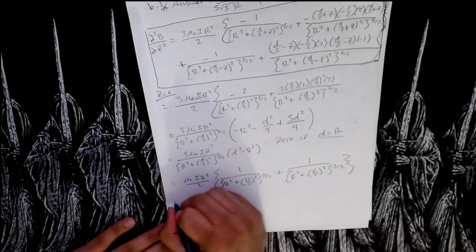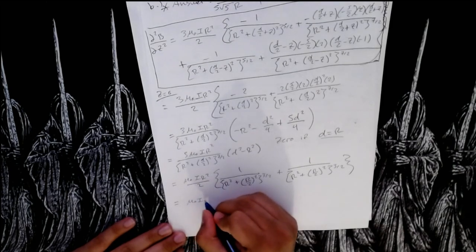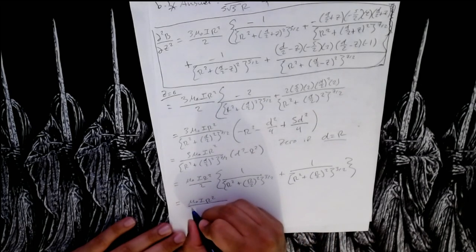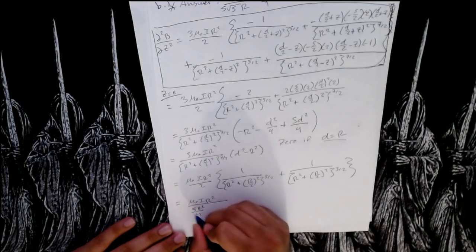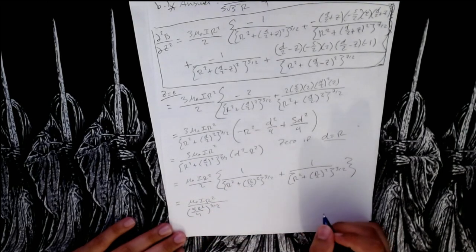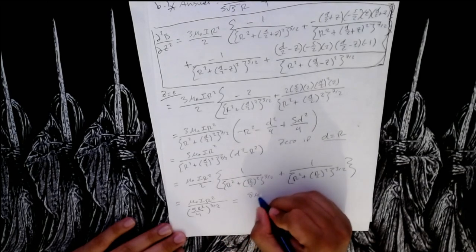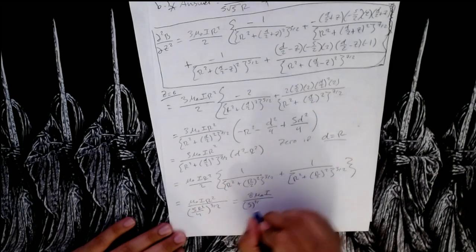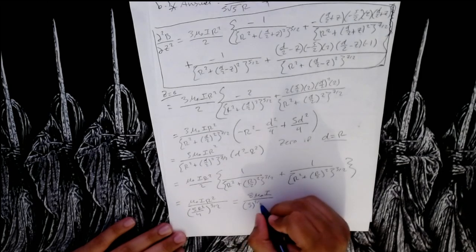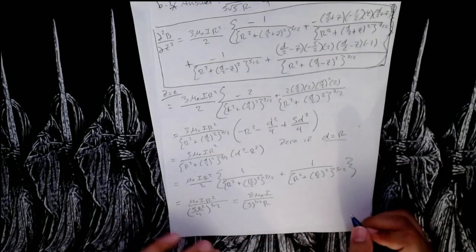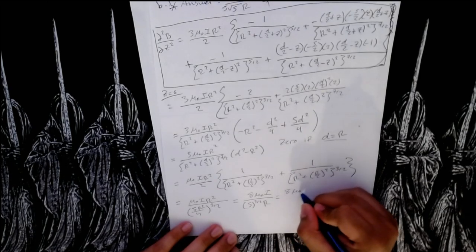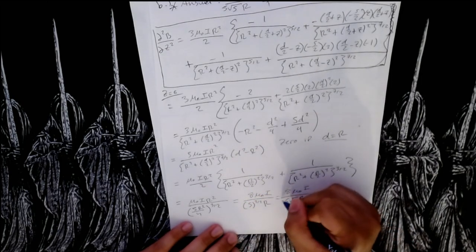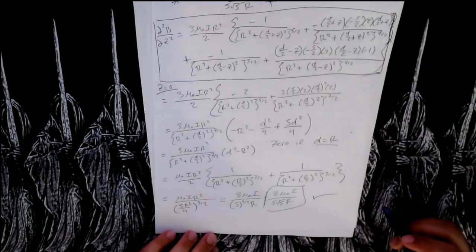You boil this down to mu naught I r squared over (5r squared over 4) to the 3/2. And this boils down to 8 mu naught I over 5 to the 3/2 r. Yes, and this is pretty much equal to 8 mu naught I over 5 root 5 r. So whichever one, right? So it checks out.